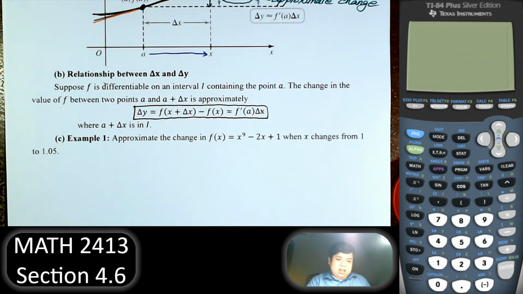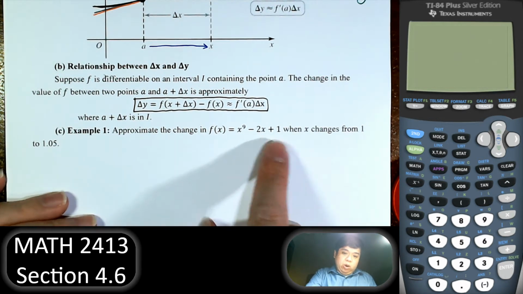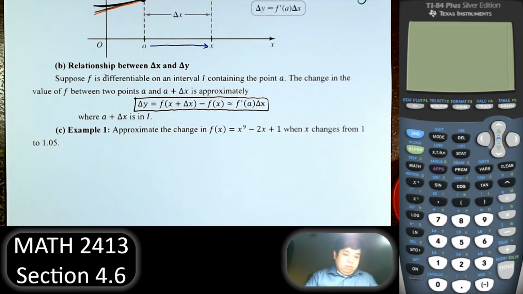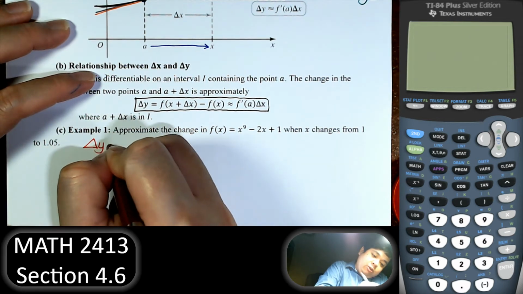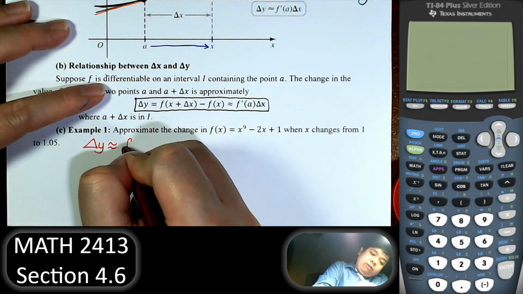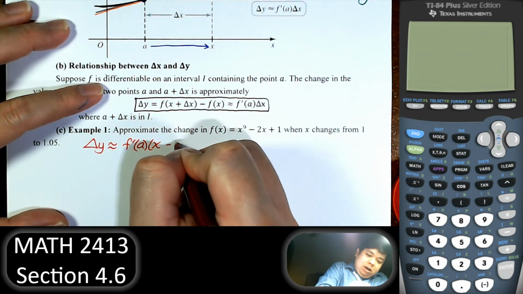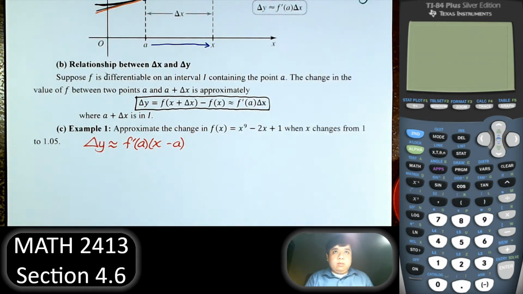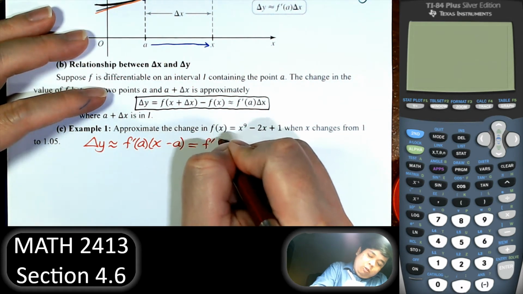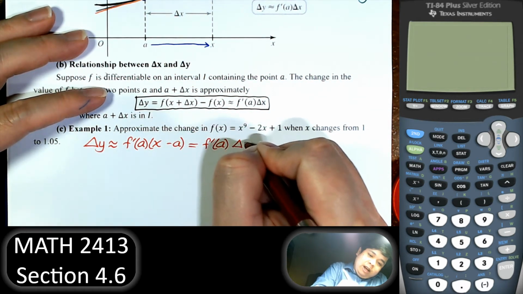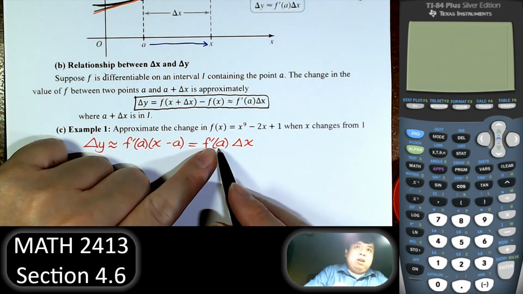So let's just look at a few examples. Approximate the change in this function when x goes from 1 to 1.05. Right. So the change in y is approximately equal to derivative at the point times x minus a, or we can just say f prime of a times delta x. Let's clarify a few things. Of course, that is the derivative of the function.